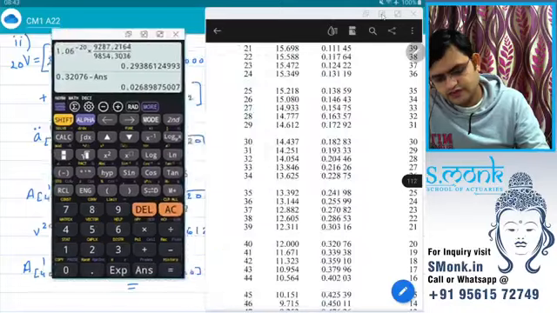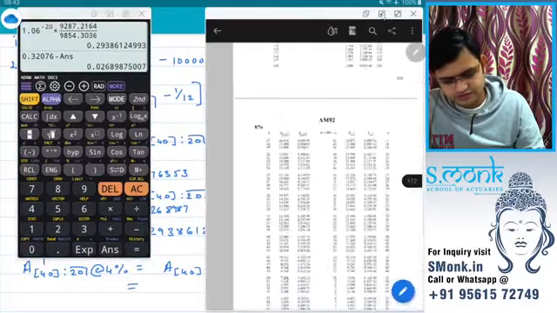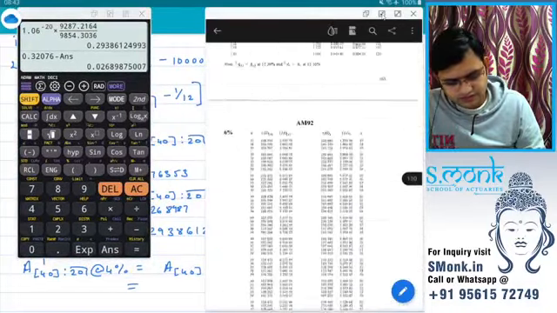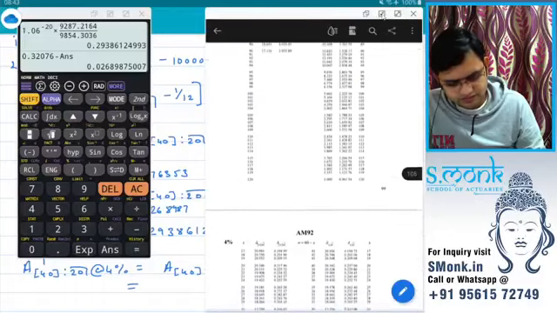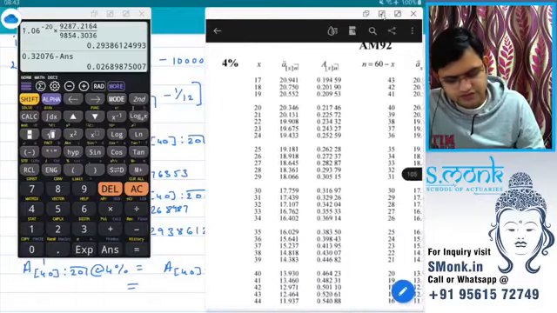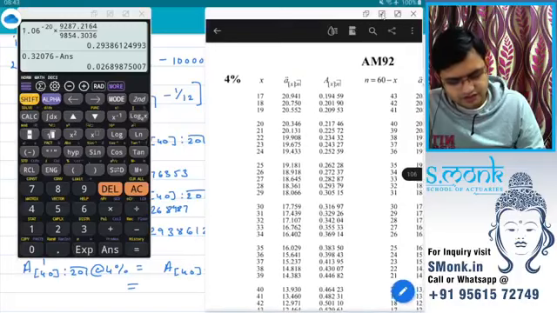And this will be calculated at 4%. At 4%, n equals 60 minus x.